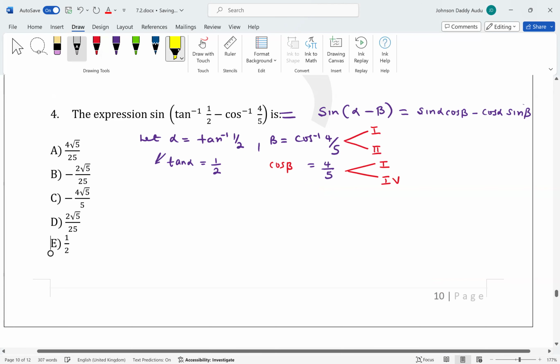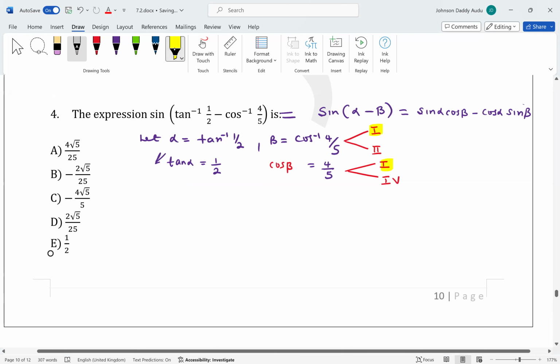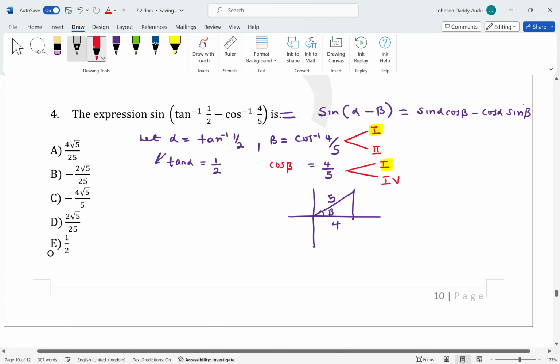We'll take the quadrant that is common, and that is quadrant number 1. So our beta has to be in the first quadrant. Beta cosine is 4 over 5, so adjacent is 4, hypotenuse is 5. Then definitely the opposite is going to be 3, right?